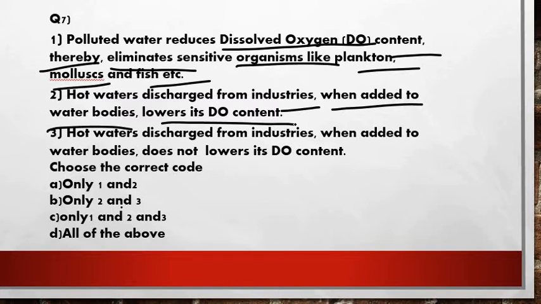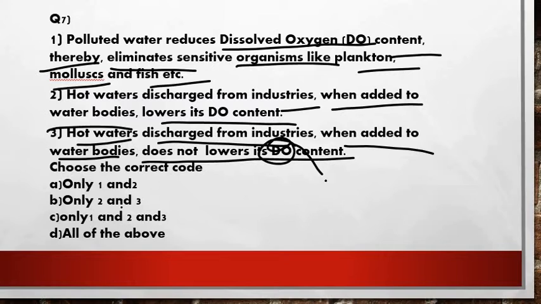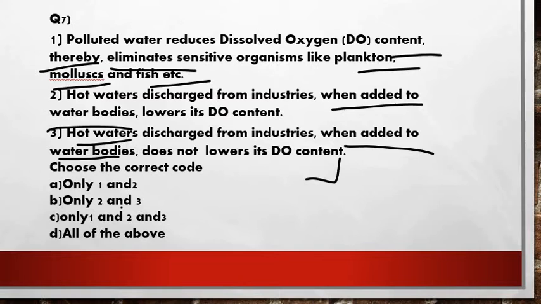Third statement says hot water discharges from the industries when added to water bodies do not lower its DO content, that is dissolved oxygen content. So which of the following is true? Choose the correct statement from the given options.